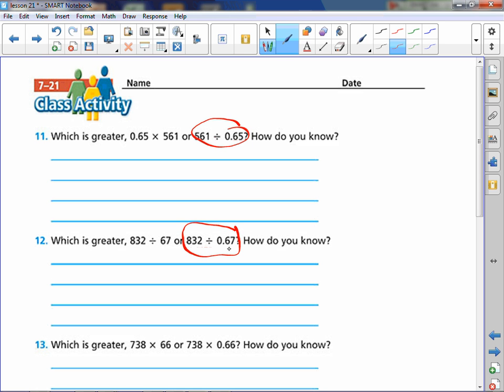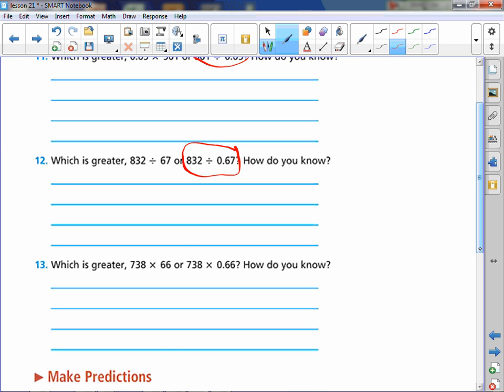There's going to be a lot more little bitty parts in 832 than there are whole 67s, okay? Which is greater on this one, 738 times 66 or 738 times 66 hundredths? Well, you should be saying this one because whole number times whole number is going to be larger.